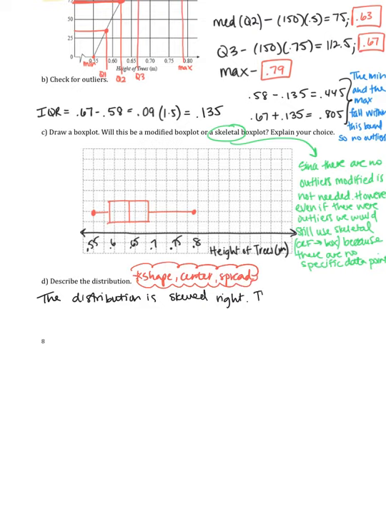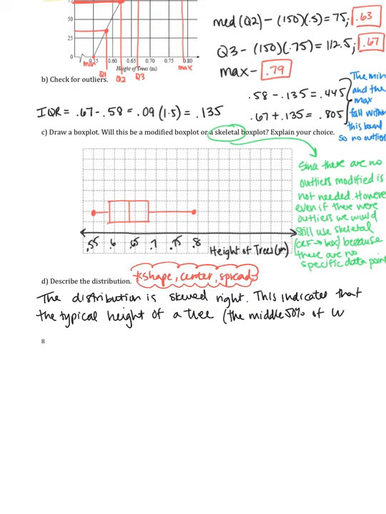Okay, so this indicates that the typical height of a tree, or a sapling or whatever we're talking about, tree, for the middle 50% of trees is what I mean by typical, are about 0.58 to 0.67 meters tall.